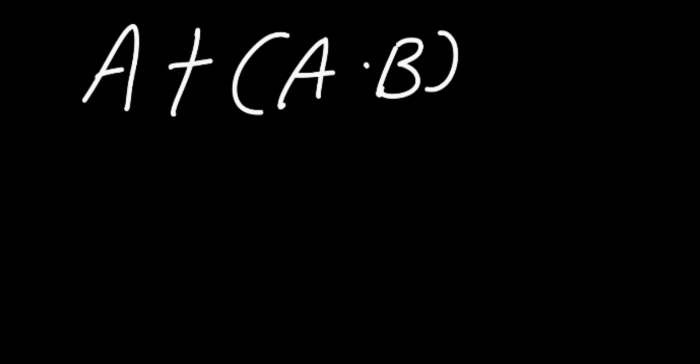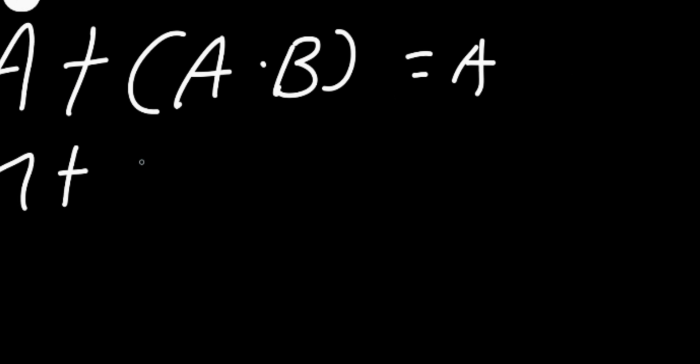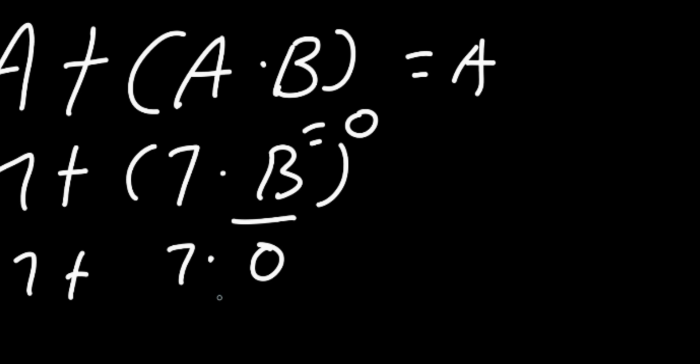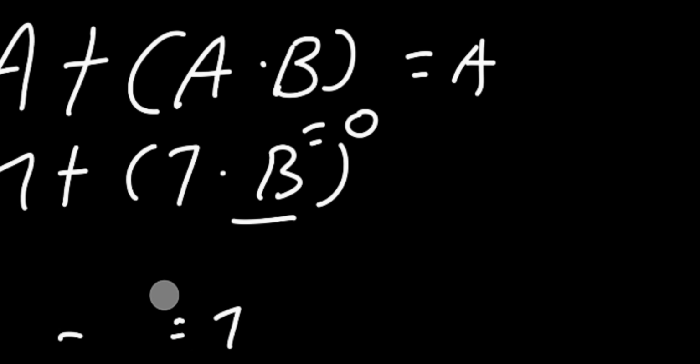Let's minimize it using a Boolean expression and understand how this is A. Let's say A is 1. Let's say B can be 0. If B was 0, 1 and 0 is 0, and 1 plus 0 is 1.